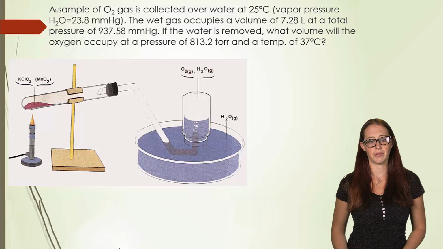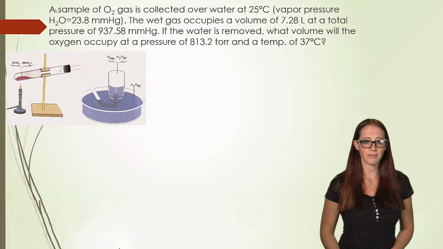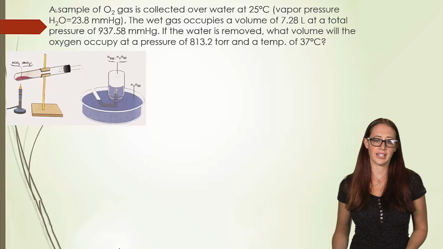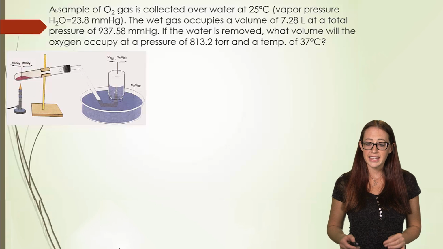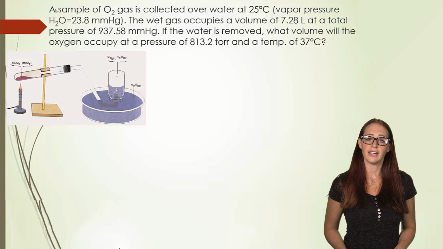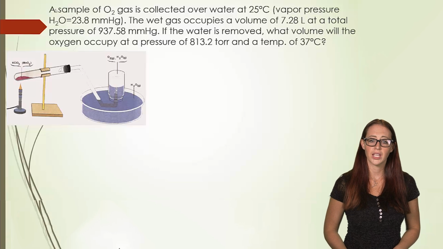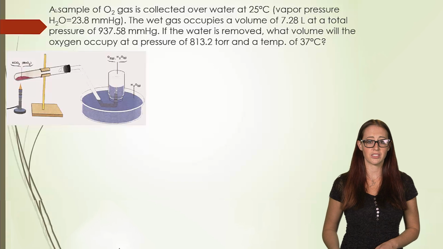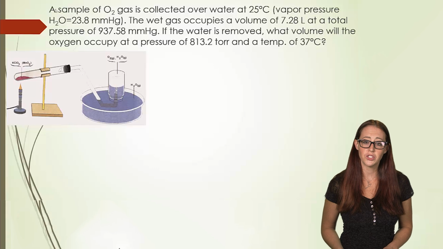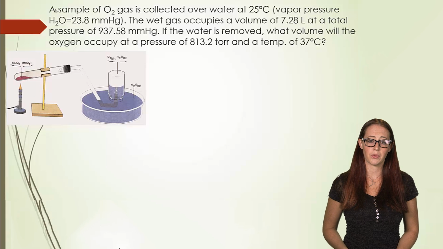Now let's talk about how to solve the problem. Since we are only curious about the oxygen, and the initial values given have both oxygen and water vapor, we need to use the partial pressures to solve for the partial pressure of oxygen. To do this, remember how Dalton's law works.